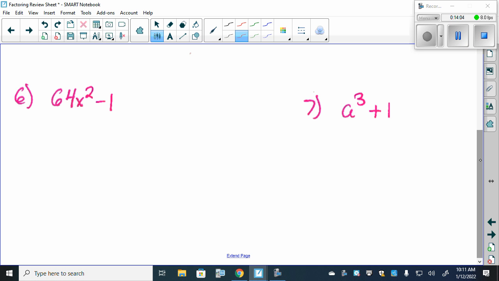Well, we can take the cube root of a cubed, which is a. Now the cube root of 1 is 1. It actually works out that any root of 1 is 1. So this is a sum of 2 cubes.